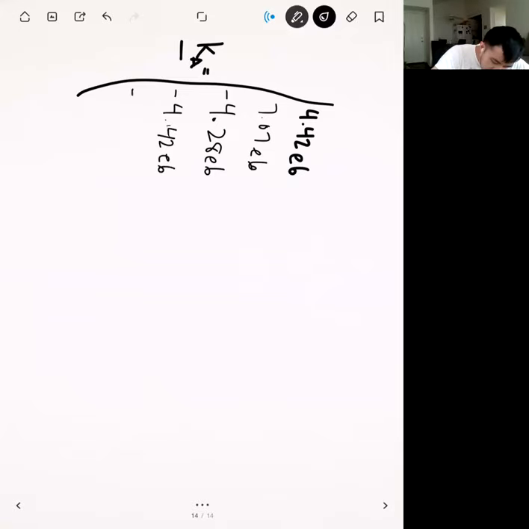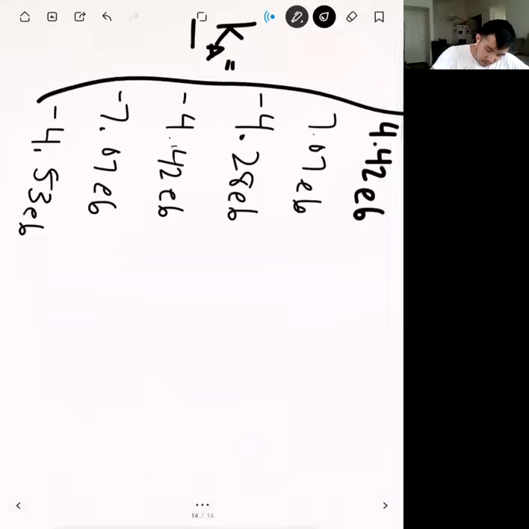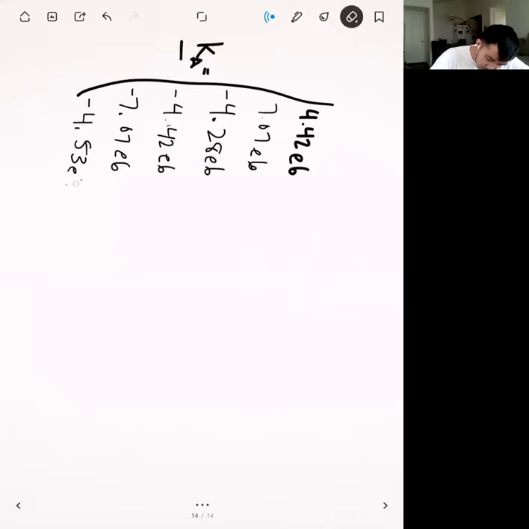Minus 7.07 E6, and then minus 4.53 E4, sorry. Okay. And so that's the first column.